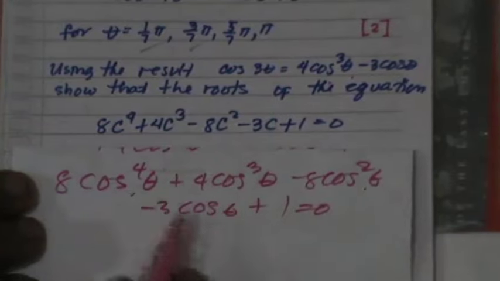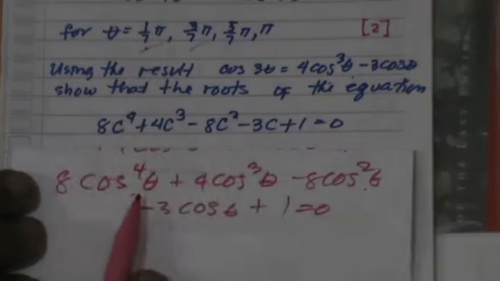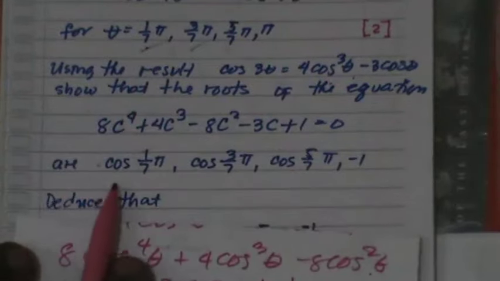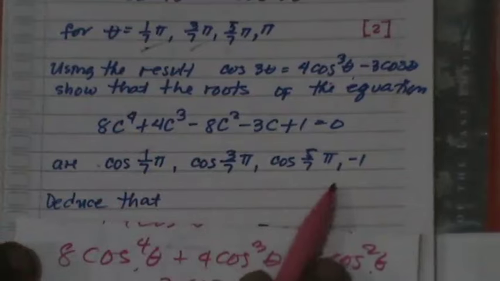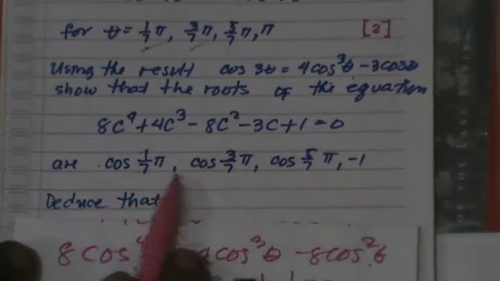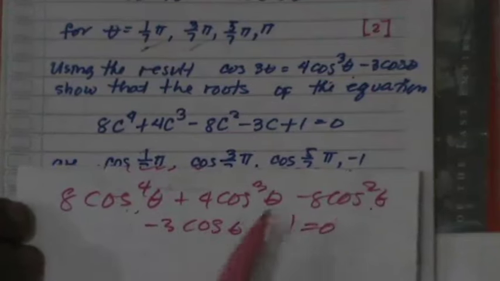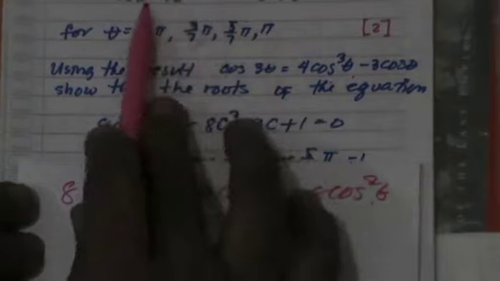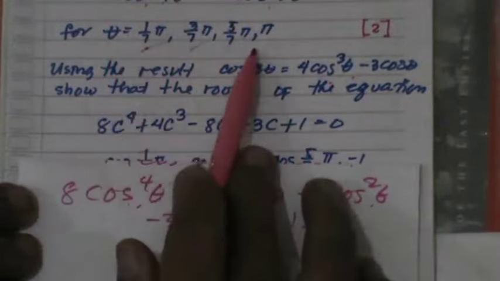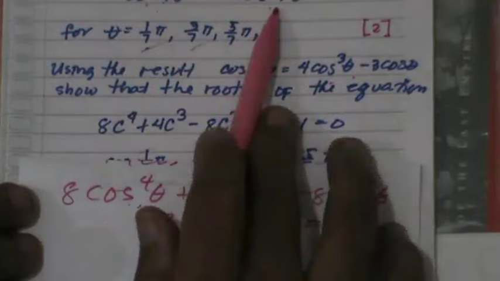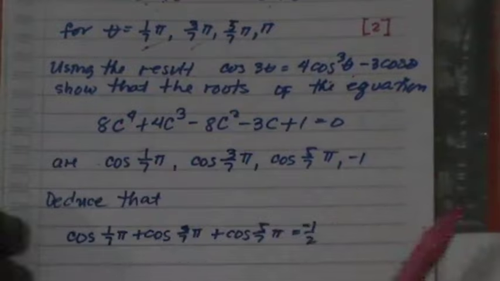So the root of this, based on our initial solution, is equal to this, cosine pi over 7, and so on. Do you need to show this? No need, because it has been automatically shown from here that if these two are equal to each other, and if the value of theta is this, then the solution of this is the cosine of this. Okay? So, there you go.